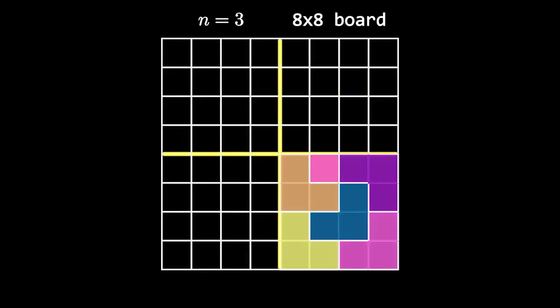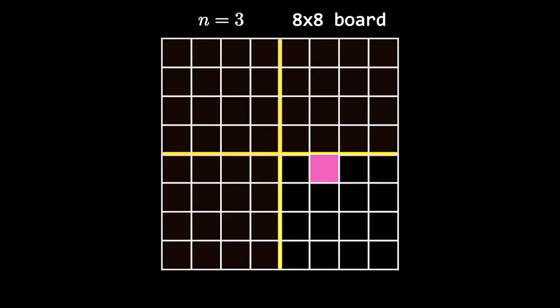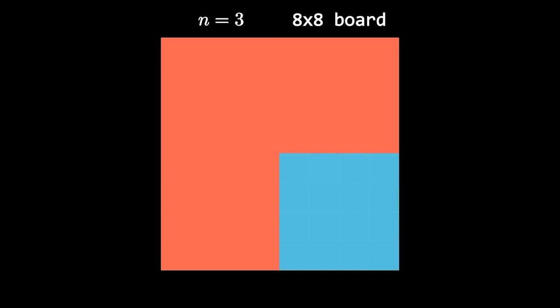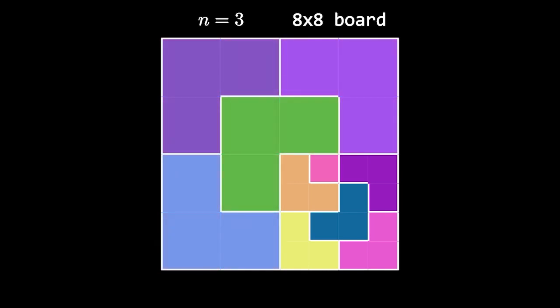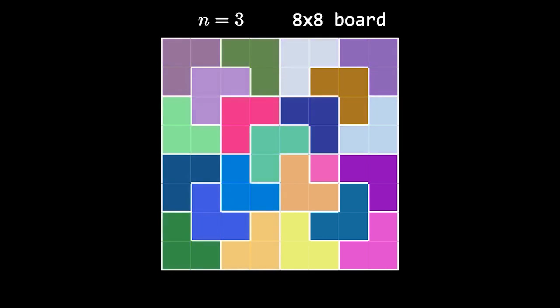Now before we go on to n equals 4, take a moment to put together what just happened. We divided the board into 4 equal pieces. One of them we knew how to tile from before. After we tiled that, we were left with our L piece, and we divided it again into 4 smaller L pieces that we already knew how to tile.